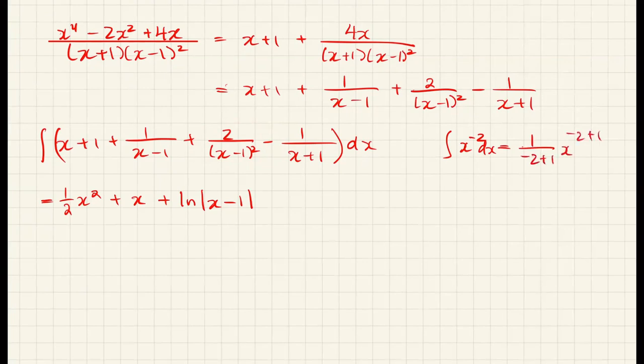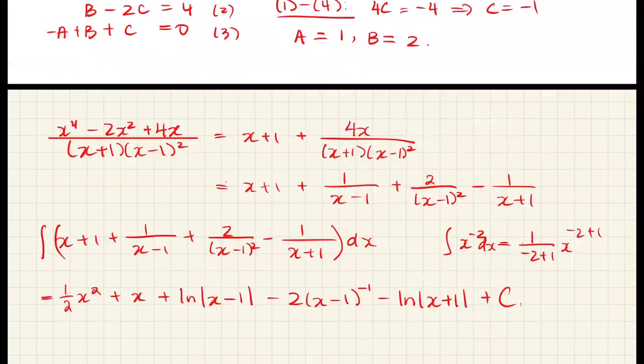So instead of x here, we would have x minus 1. So that means this integral is going to be negative 2 times x minus 1 to the power negative 1, and then minus ln of x plus 1, and then plus c, where c is the constant. So that's the second example.